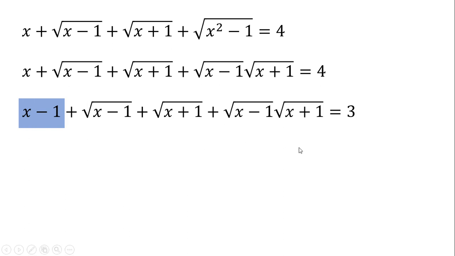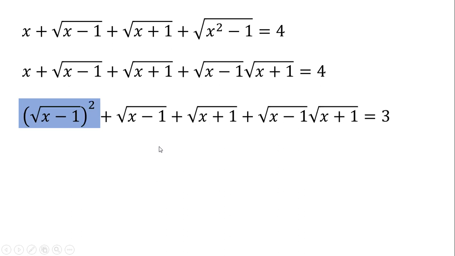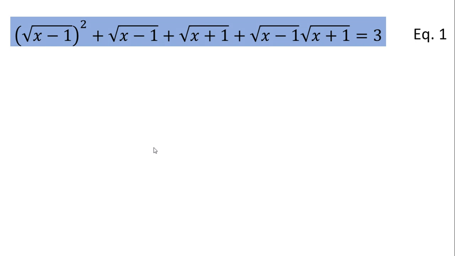Take note that since x is greater than or equal to 1, x minus 1 is non-negative. So I can write x minus 1 as the square of the square root of x minus 1. Let's call this equation 1.